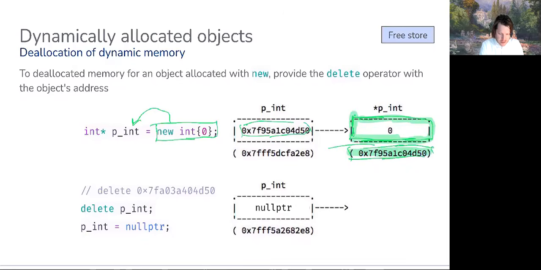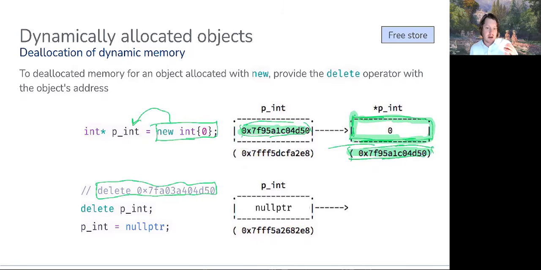So we call delete followed by pint. Pint's value is that address. So when we write delete pint, we're really writing delete followed by that long address there. And that's essentially going to communicate to the free store manager that we are returning the memory allocated at this address.